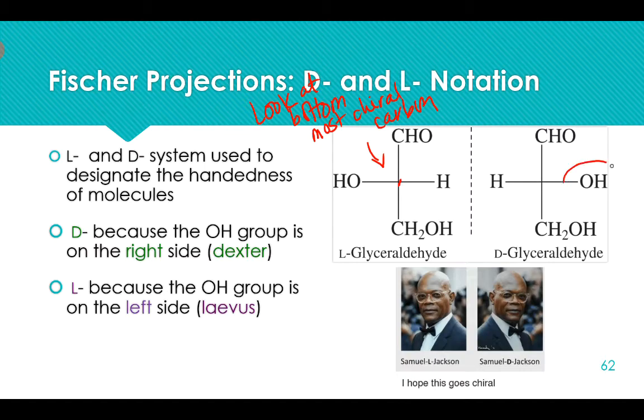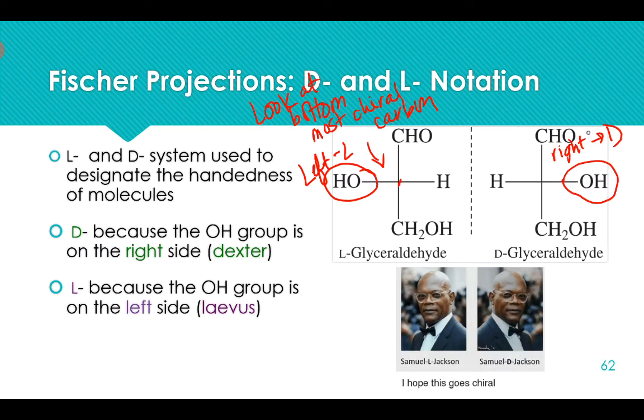If we have this OH group on the right, then it's going to be the D isomer of it. And if it's on the left, then it's going to be the L. So L for left, D for right. And so right means, it stands for dexter.